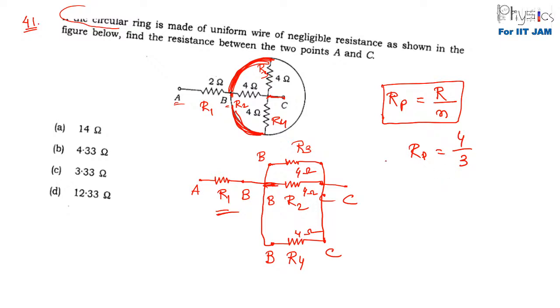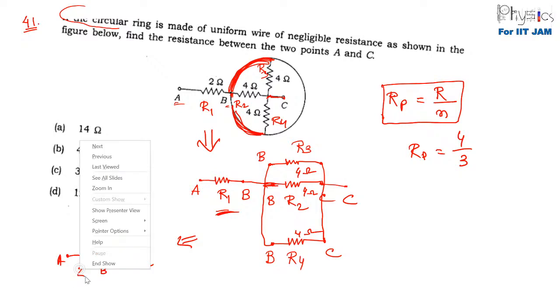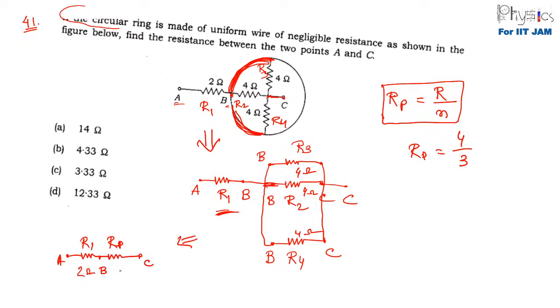And it is in series with this R1. So this is simplified as R1 in series with Rp. So it is A, it is C, and this is B, right? So this is 2 ohm, this is 4 by 3 ohm, right?